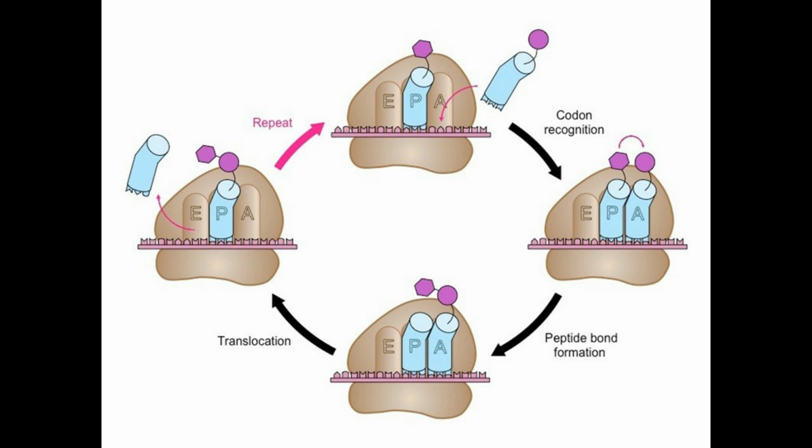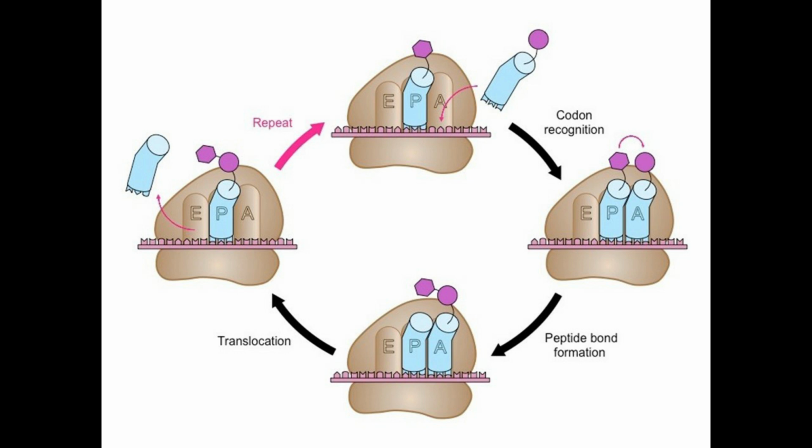Now, what happens? Now, the ribosome moves forward. You just imagine that the mRNA is sitting there itself, and imagine that the ribosome moves forward. So now when the ribosome moves one step forward, what happens?